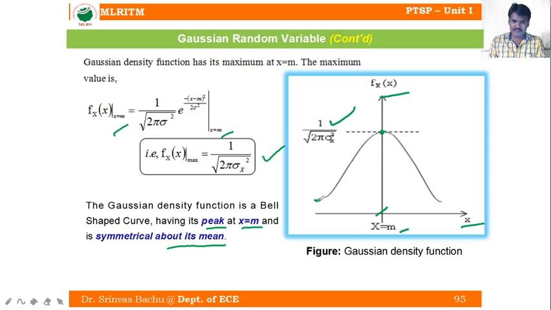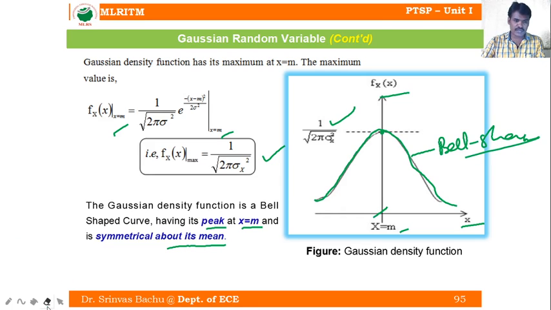This curve is always bell-shaped and symmetrical about its mean value. It has equal parts on either side of this point, symmetrical about the mean value, not about the origin. So this is a Gaussian density, and because of the bell-shaped curve, it is called a Gaussian density.